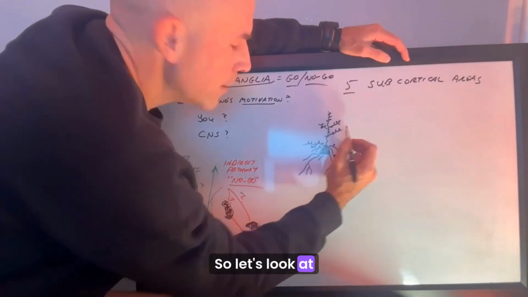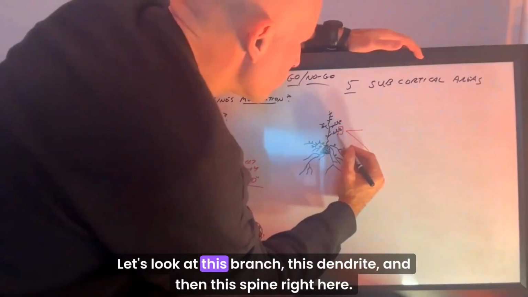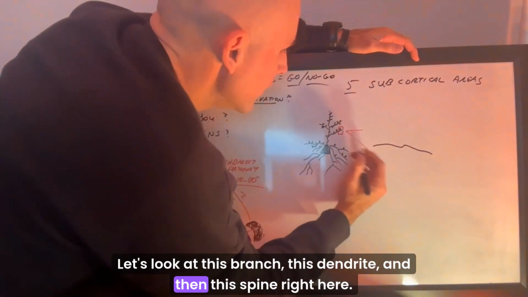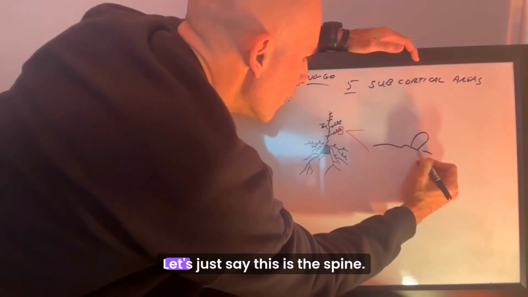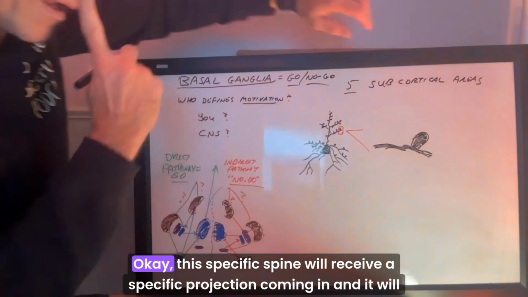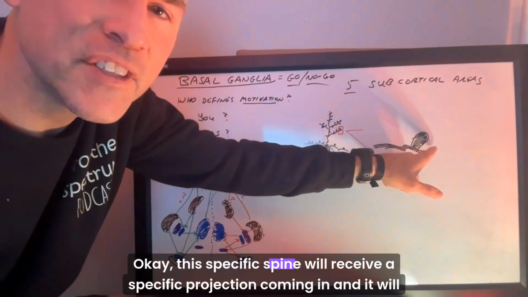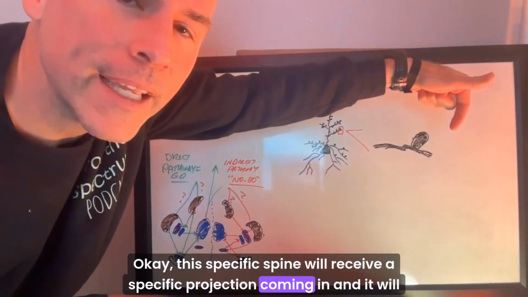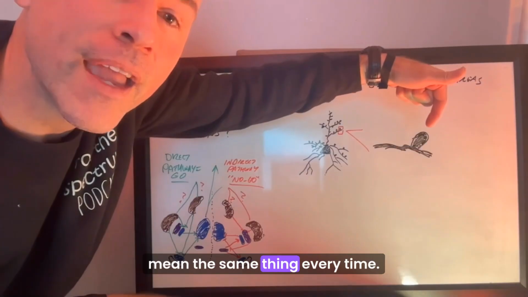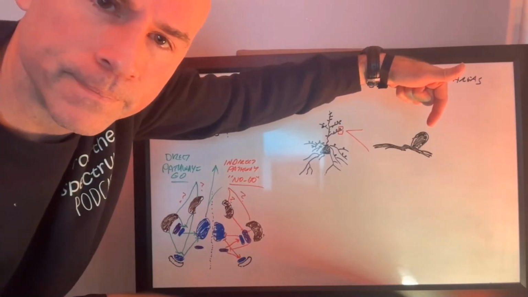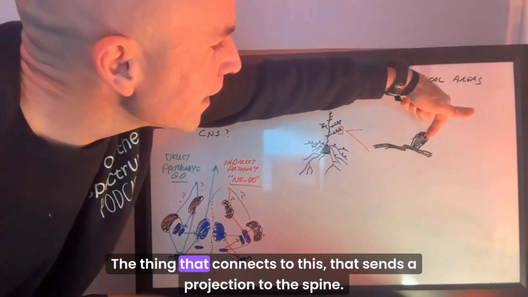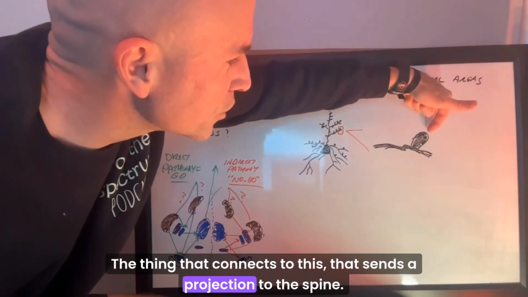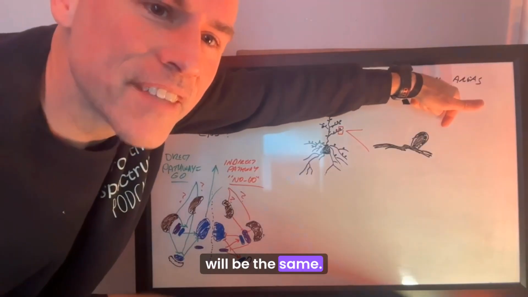Let's look at this branch, this dendrite, and then this spine right here. This specific spine will receive a specific projection coming in, and it will mean the same thing every time. The thing that connects to this, that sends a projection to the spine, will be the same.